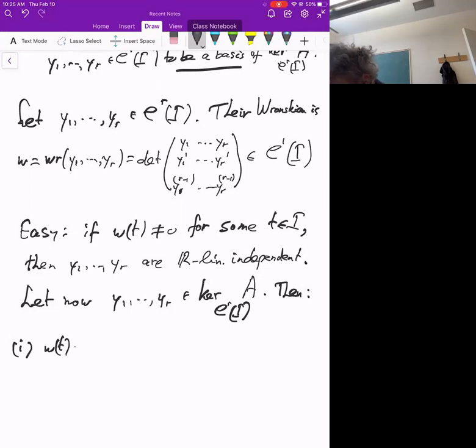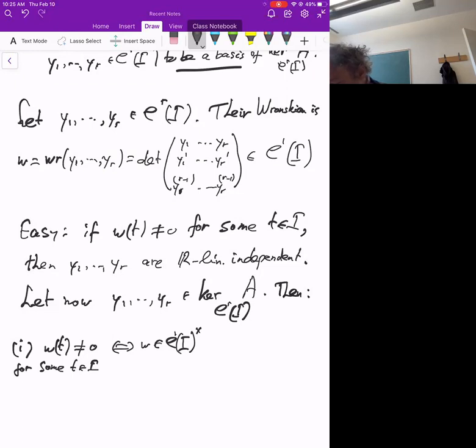If W(t) is not 0 for some t, it will actually be not 0 for every t, which we can also express by saying that it's a unit in this ring of continuously differentiable functions.